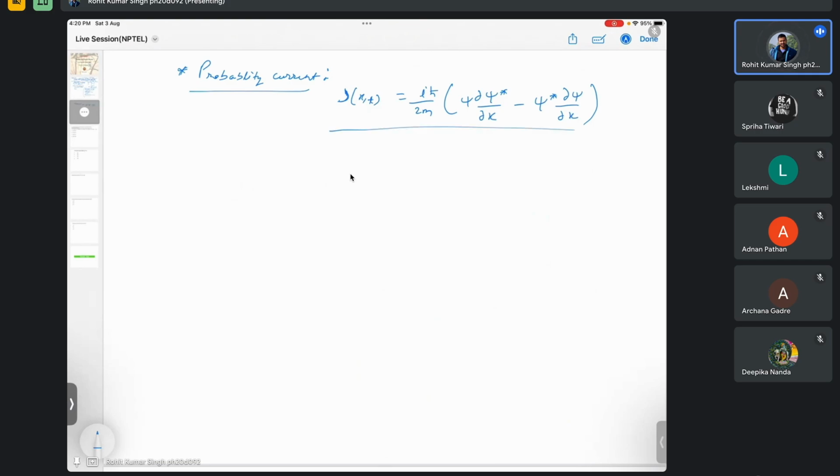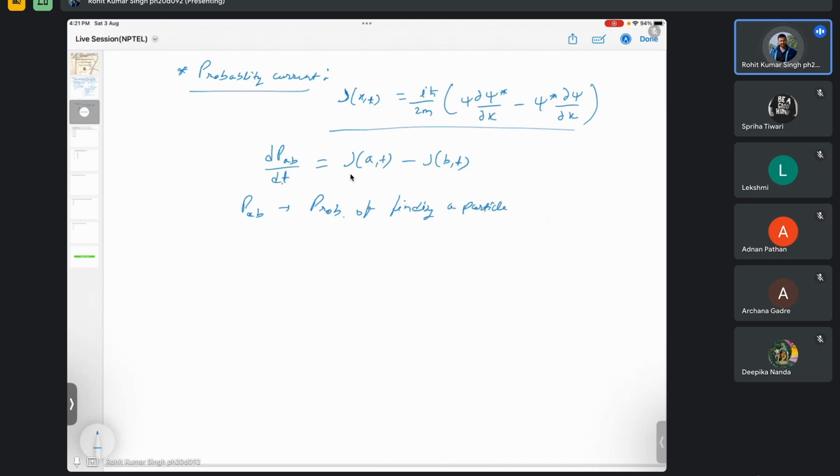So I'll write an equation. Here, the P_AB is the probability of finding a particle.